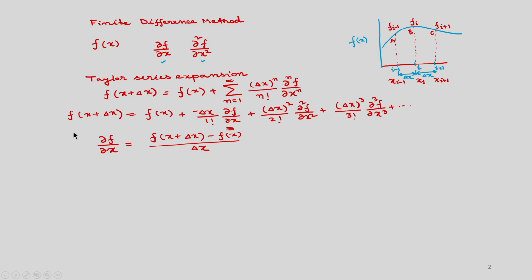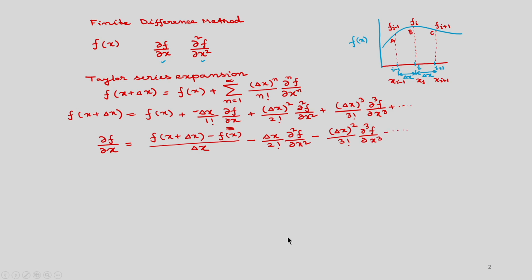On the other side it will be minus delta x by factorial 2 del 2 f by del x square, minus, since we are dividing by delta x, delta x square by factorial 3 del cube f by del x cube, and so on.